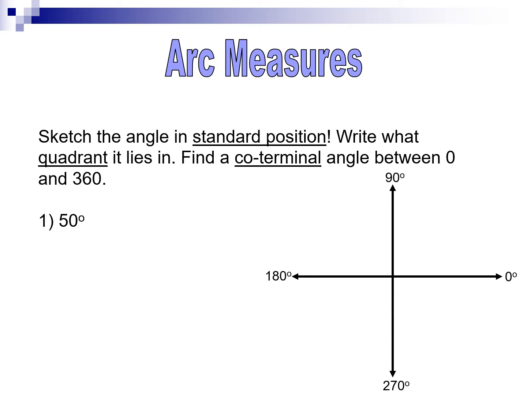We're going to estimate where 50 is going to fall. It should be a little bit past the halfway mark, right around there. Obviously, it falls in the first quadrant. And then since 50 is already between 0 and 360, 50 degrees is also the coterminal angle.